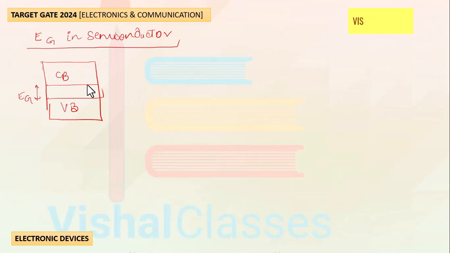At 0 Kelvin, carrier concentration is 0. In upcoming lectures we will see conductivity is dependent on carrier concentration. If carrier concentration is 0, conductivity will be 0.